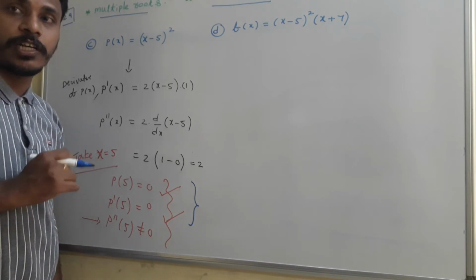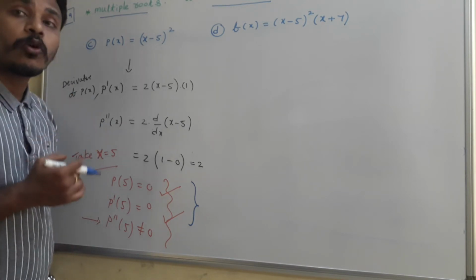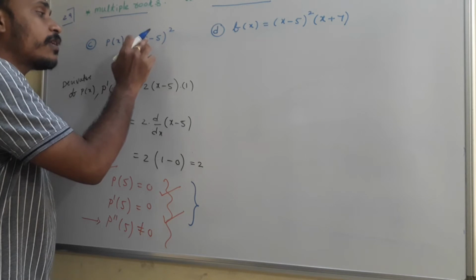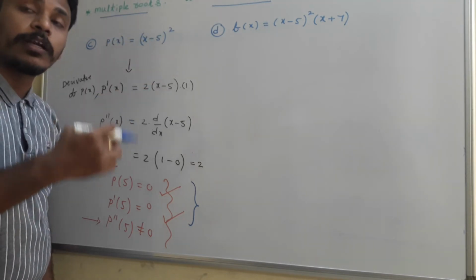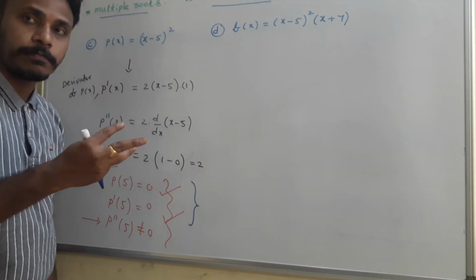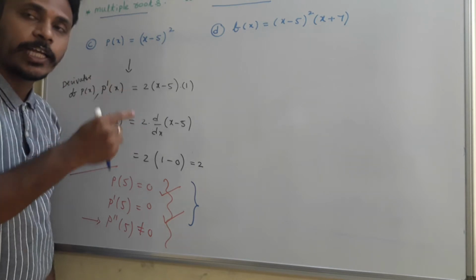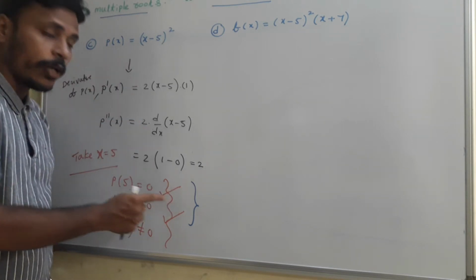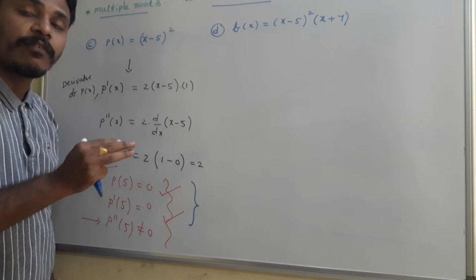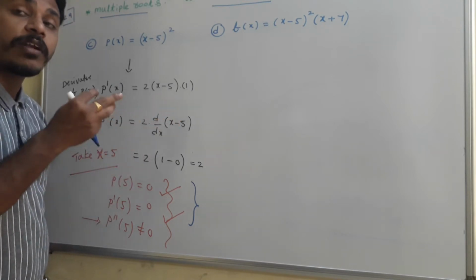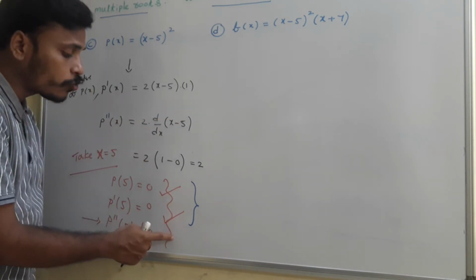That is the observation in this situation. Now suppose 5 is a multiple root of multiplicity, say, 3. Here it is actually 2, so only two values are 0. If it is 3, I will give you another example after this, then 3 values will become 0.